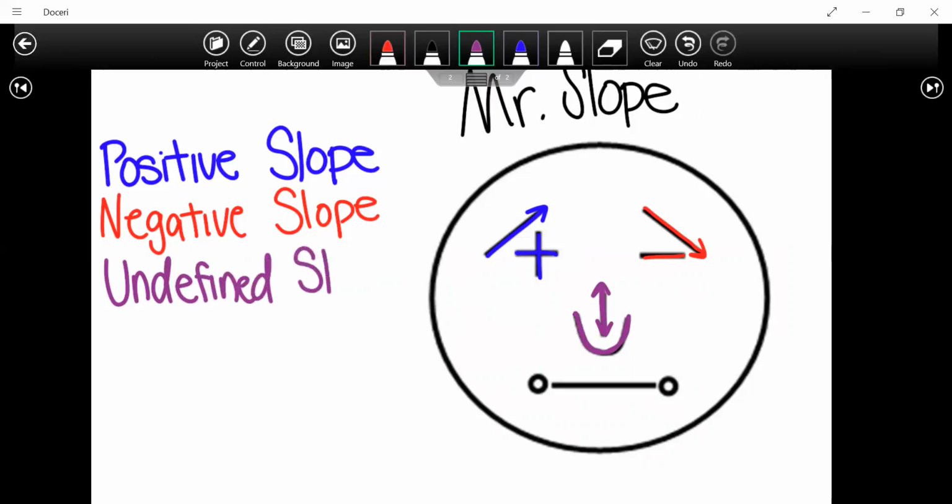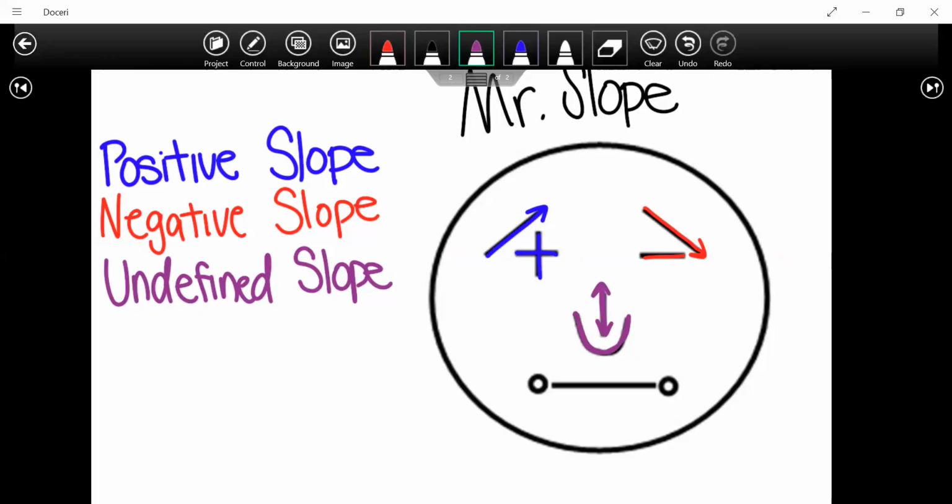Undefined slope. Meaning we do not have a way to numerically show it besides writing no slope or undefined. Basically, if you're on that point, you don't know whether you're going up or down. You can't go both ways, so it's undefined.